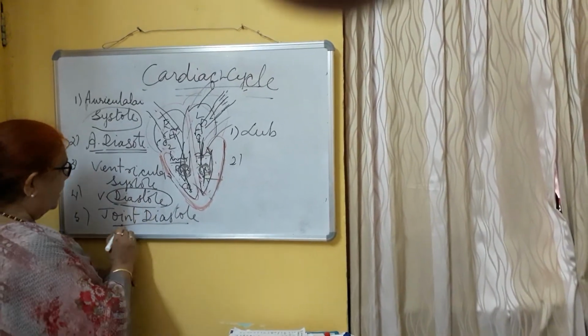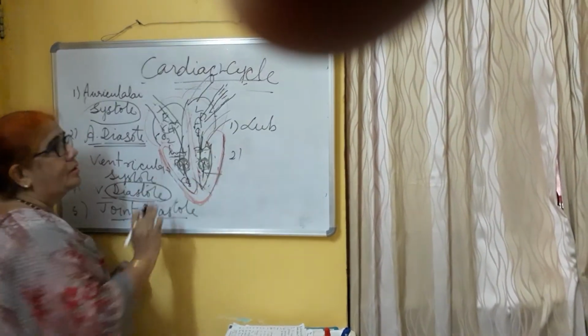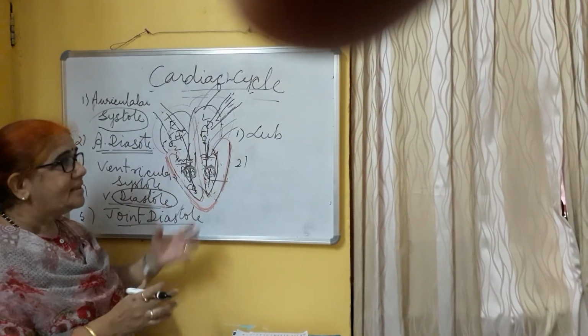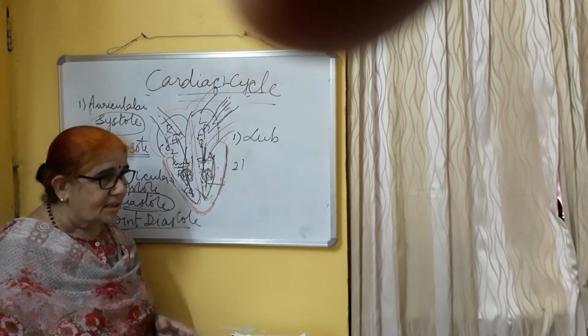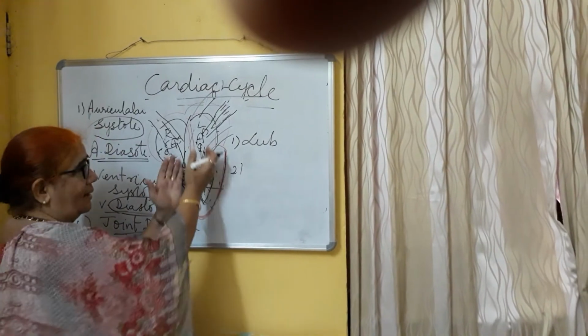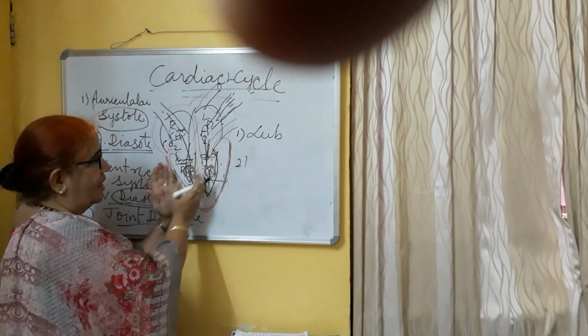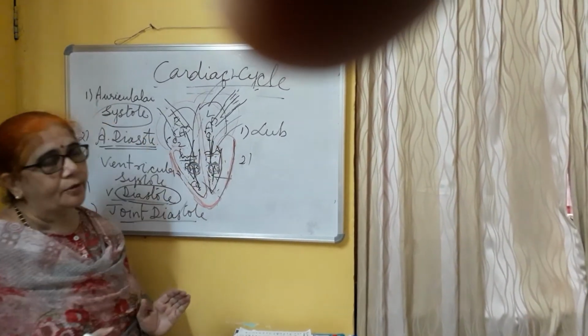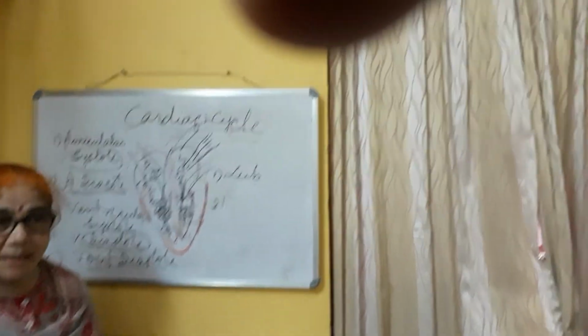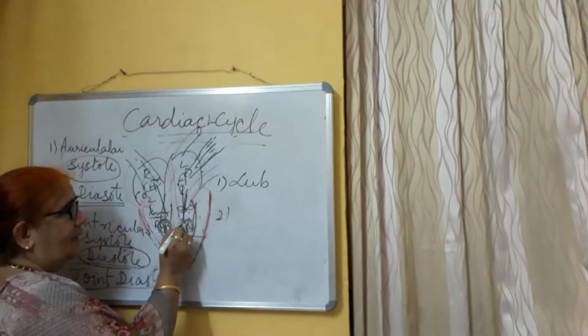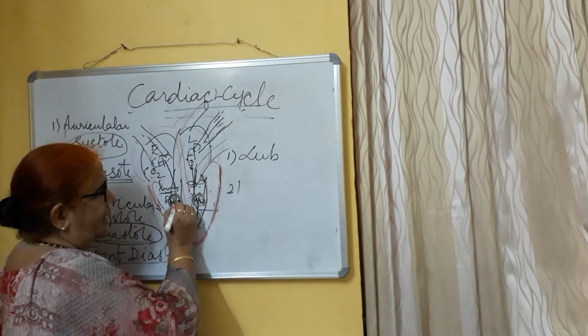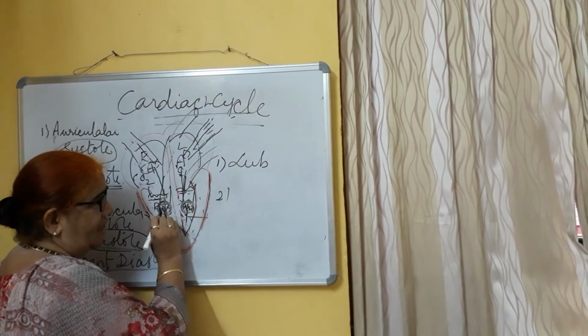Then immediately the ventricles relax. Both the chambers are relaxing. When they are relaxing, what will happen? The blood could come back from the pulmonary artery and aorta to the ventricles, but it will not come. Why? What kind of valves are there in the pulmonary artery and aorta?